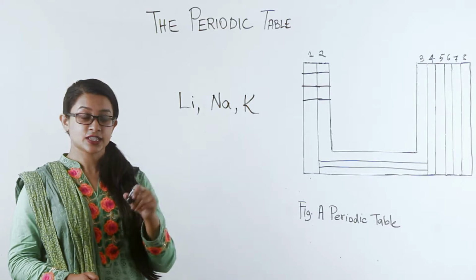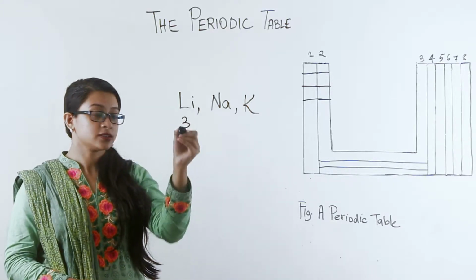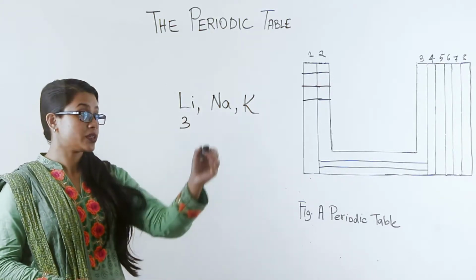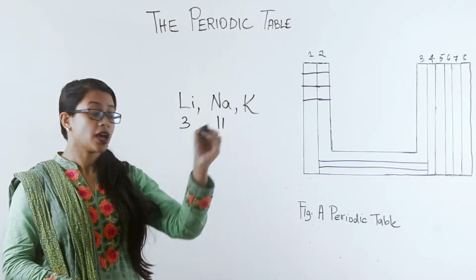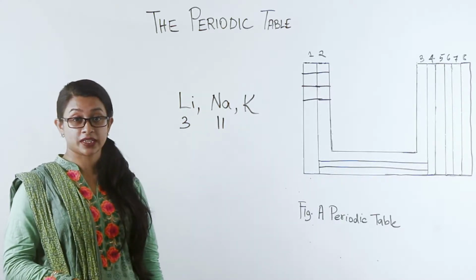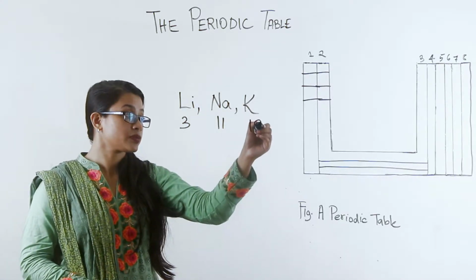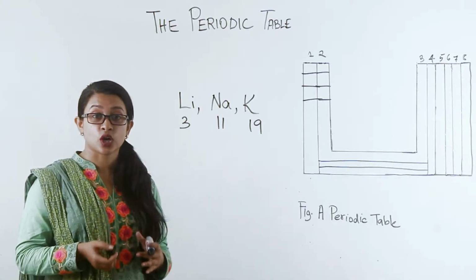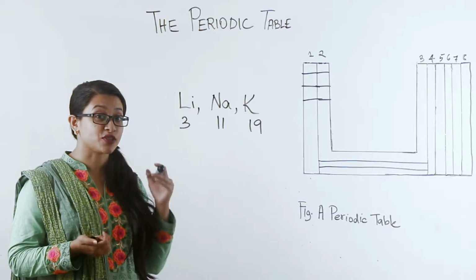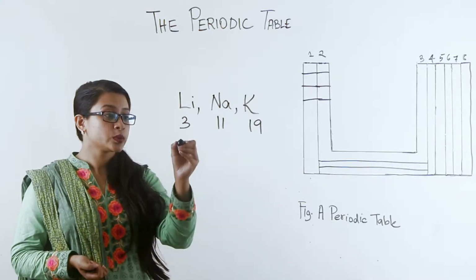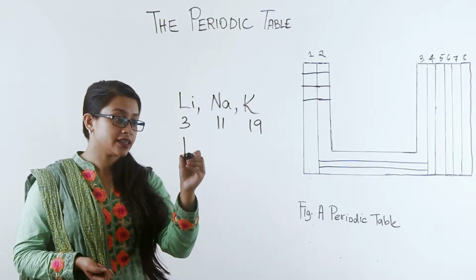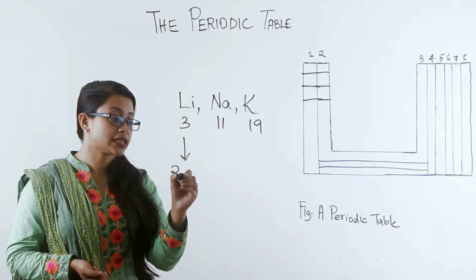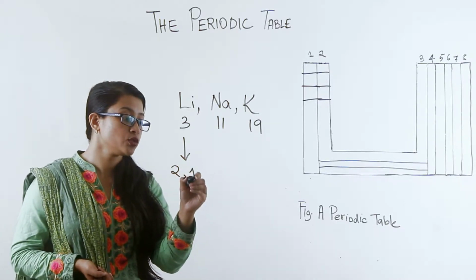Lithium has an atomic number of 3. Sodium has an atomic number of 11. Potassium has an atomic number of 19. So, if we break down the atomic number of the atoms of these elements, we'll find that lithium has an electronic arrangement of 2,1.